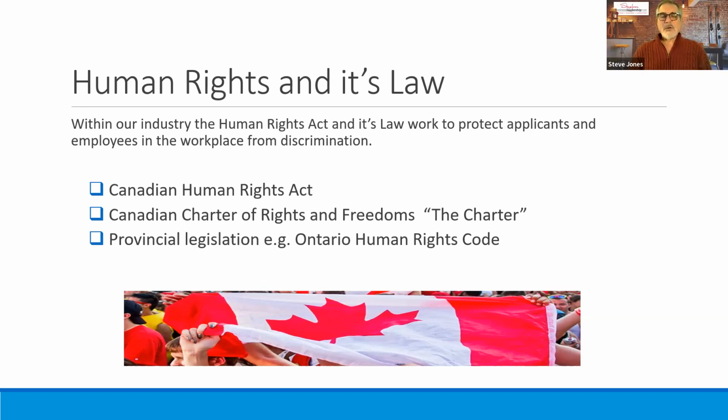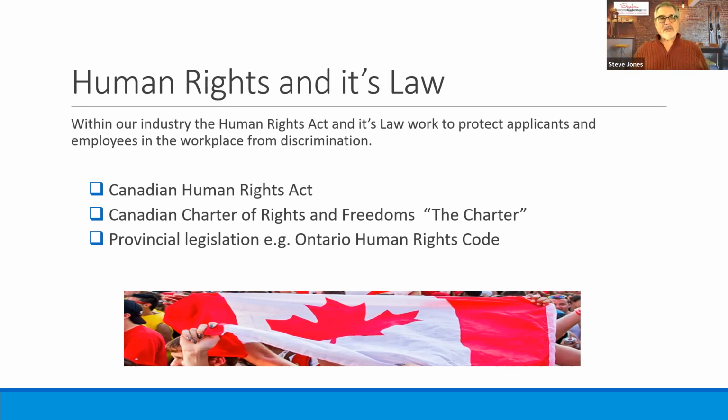And then also it applies to federal industries like radio and television, banking, and so on. And so this Canadian Human Rights Act is the law, the statute that applies to all of those people and industries. And then we've got the Charter, which is the Charter of Rights and Freedoms, which is the high level, which kind of helps us define what it is that we're trying to cover.